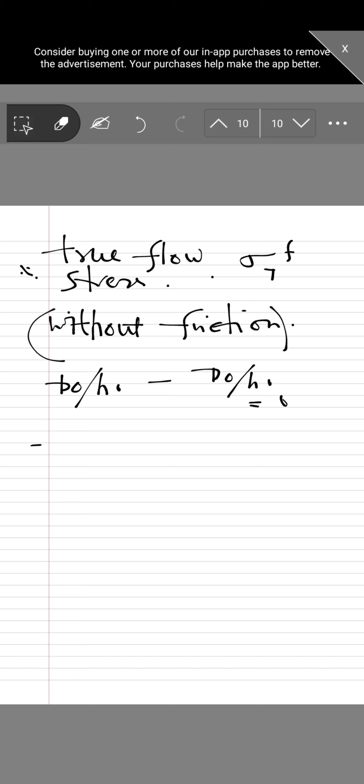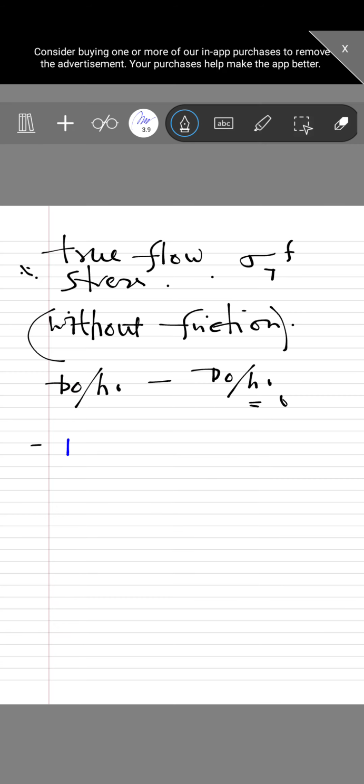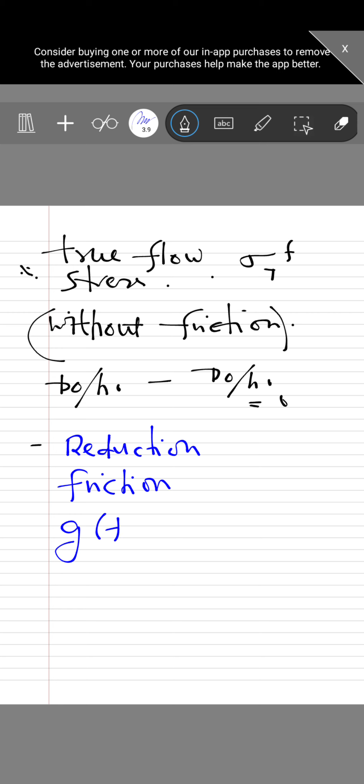Now, another way of getting the true flow stress is by reduction of the friction, that is, reduction of the friction factor. It can be minimized by using smooth hardened platens.